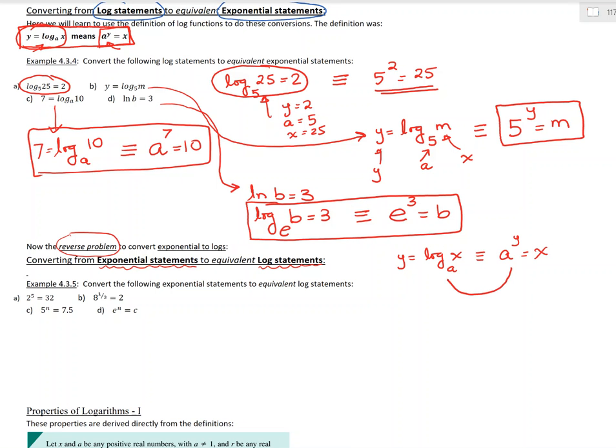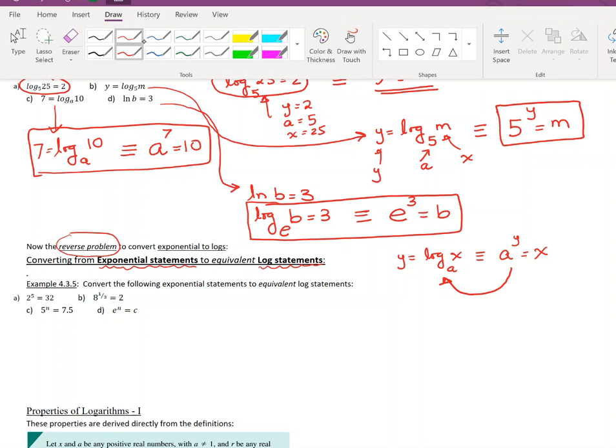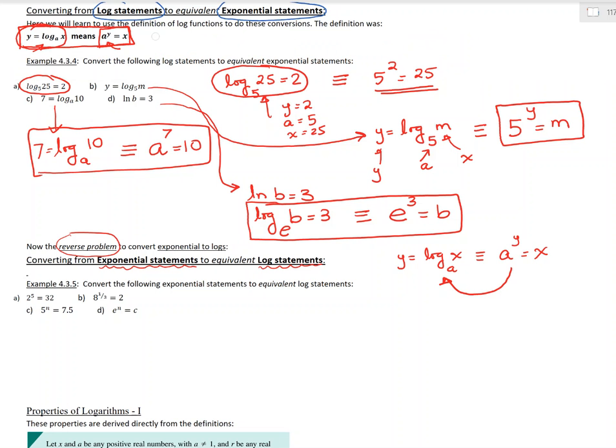So this time we are going to go from this way to this way. Okay, so let's start with the first one.